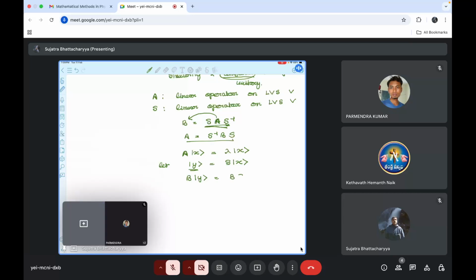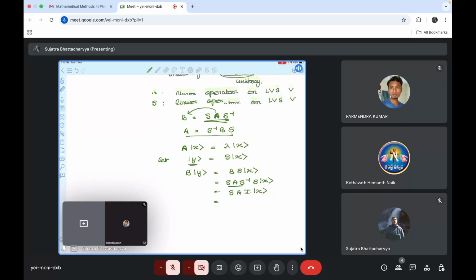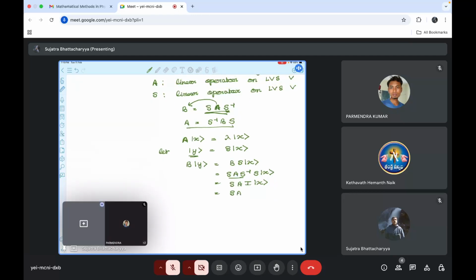B S X, right? And what is your B? We have seen that this is S A S inverse, so S A S inverse S X. S inverse S is the identity matrix, so the identity can be removed. So S A X, correct?